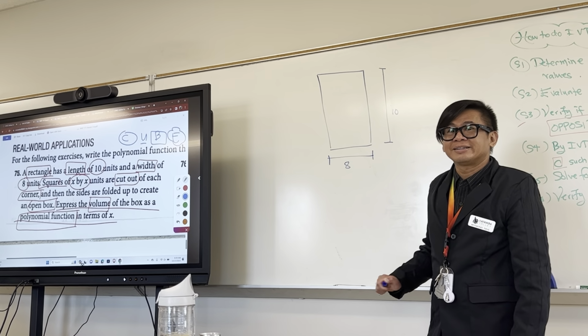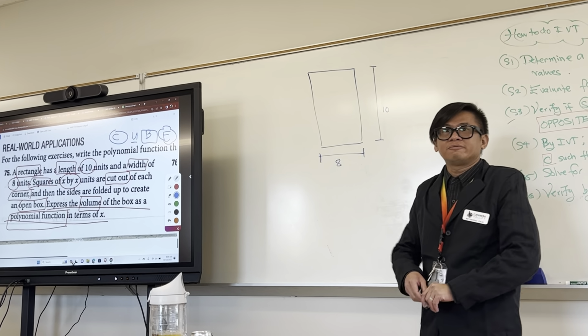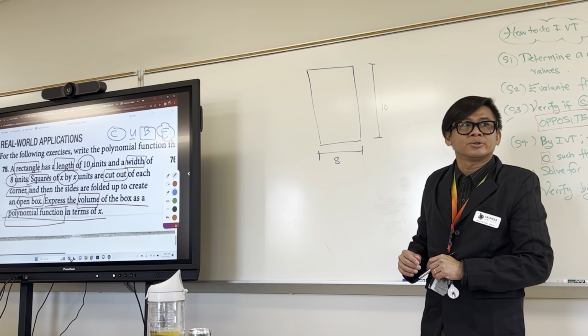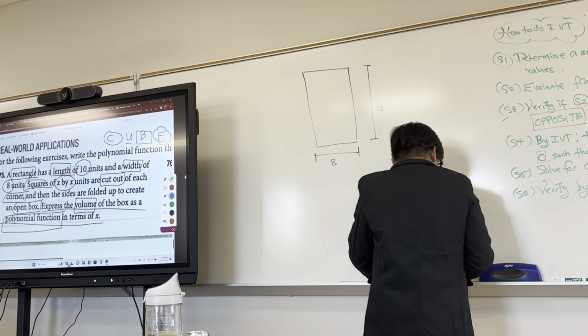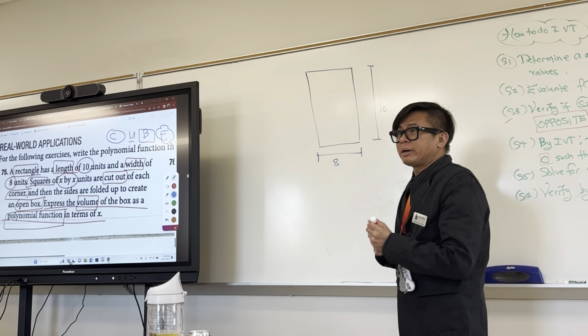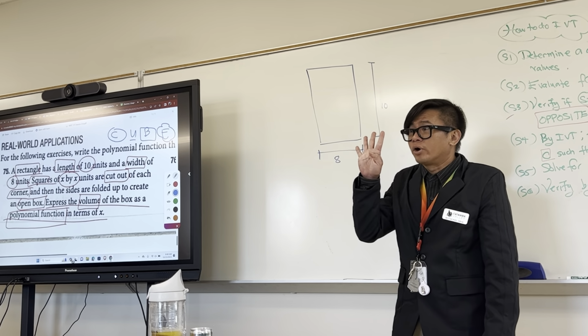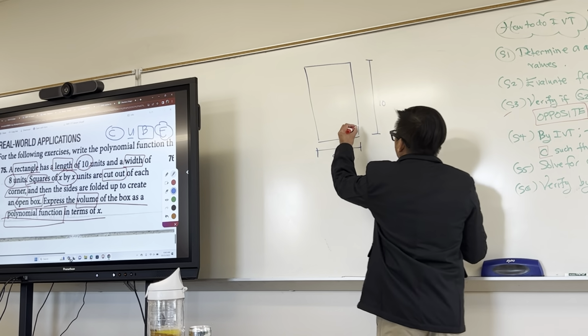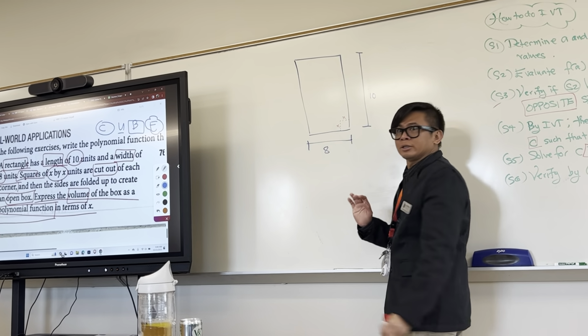After that, we're going to cut on the corners an x by x square. So how many squares are there? 4, right? For each corner, you gotta cut out a square of x by x dimension.